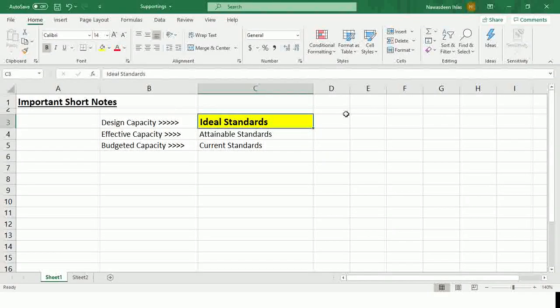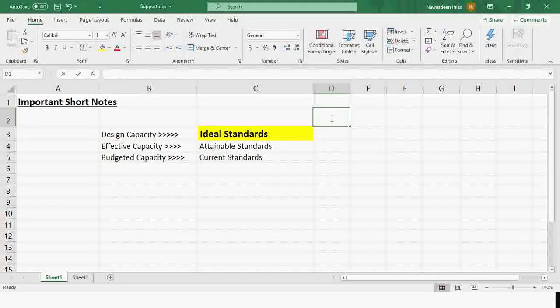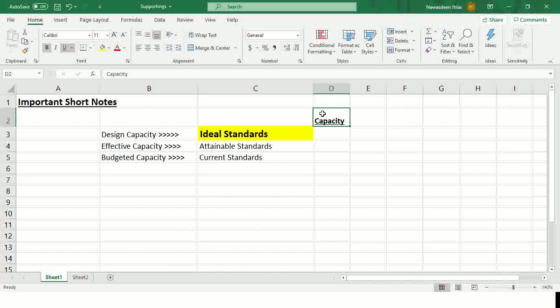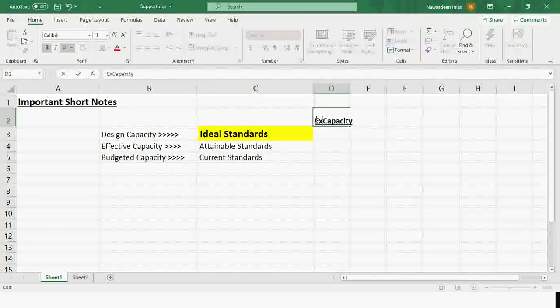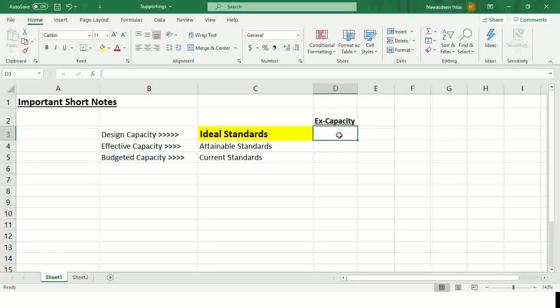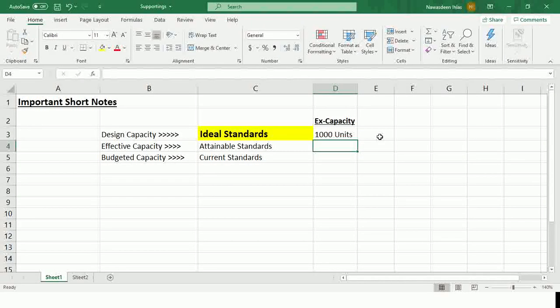So we'll take one example. I'm taking one example. So let's say for ideal capacity we can take 1000 units. 1000 units is our ideal.